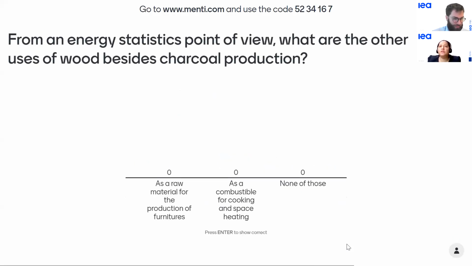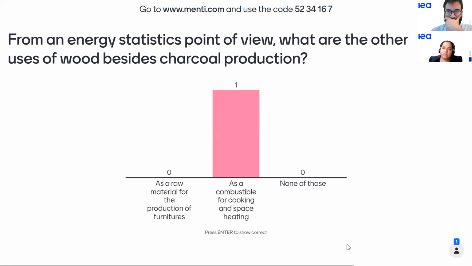From an energy perspective, what are the other uses of wood besides charcoal production?